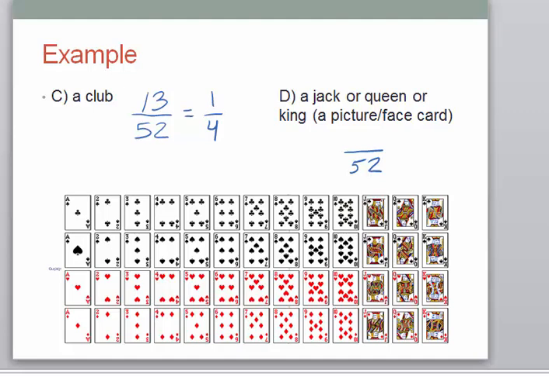So how many jacks are in the deck, and how many queens, and how many kings? And so if we look at those, we're talking about these cards right here. And so we can see that there are 12 cards that are either jacks or kings or queens. And so our probability will be 12 out of 52, which will reduce to 3 out of 13.